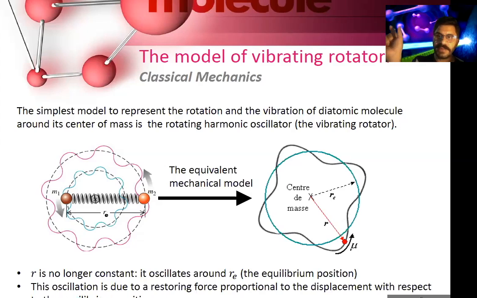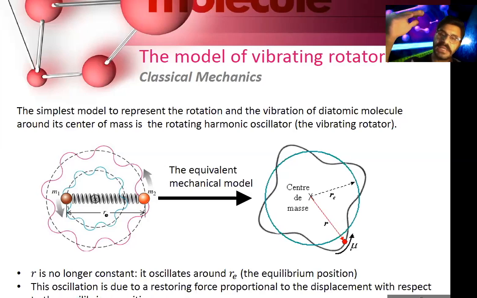Just think about them doing this, and at the same time they are vibrating and rotating. So this will create these sort of closed waves, very similar to the de Broglie wave of the electron wave function, but it's not the case here. It's just moving like that, and you will see that the distance will be changing due to the vibration.